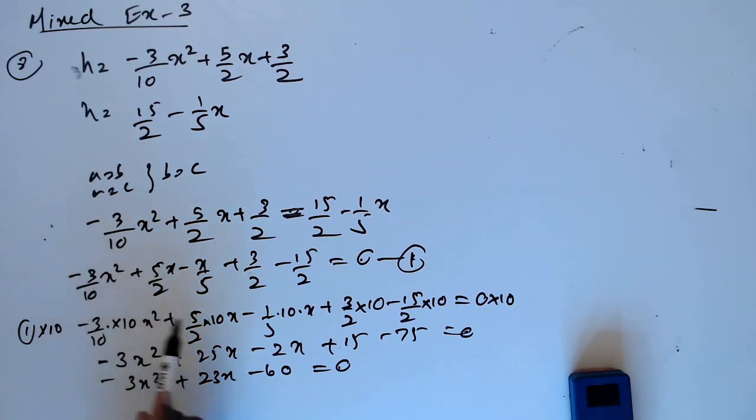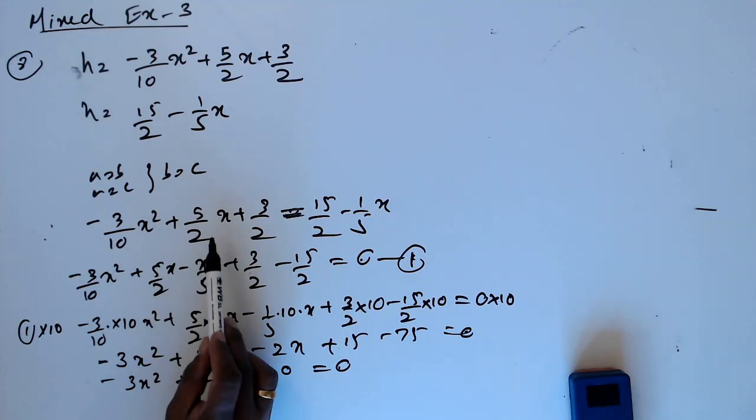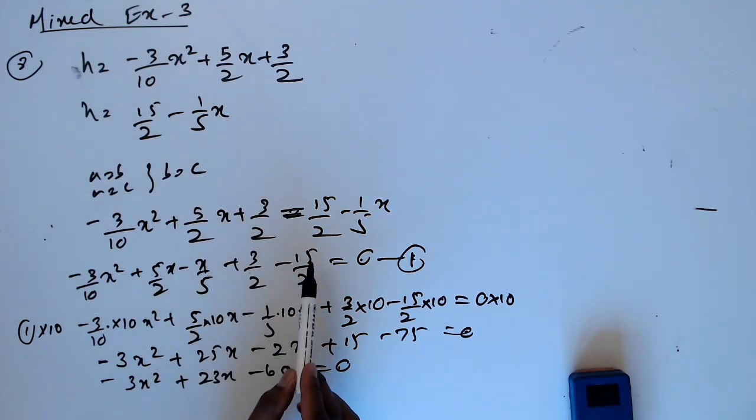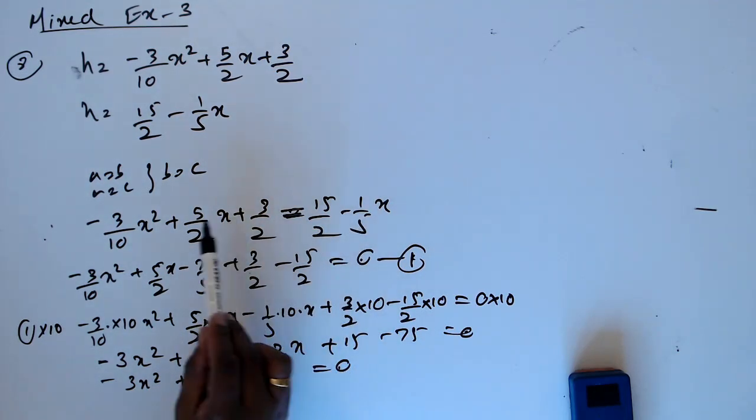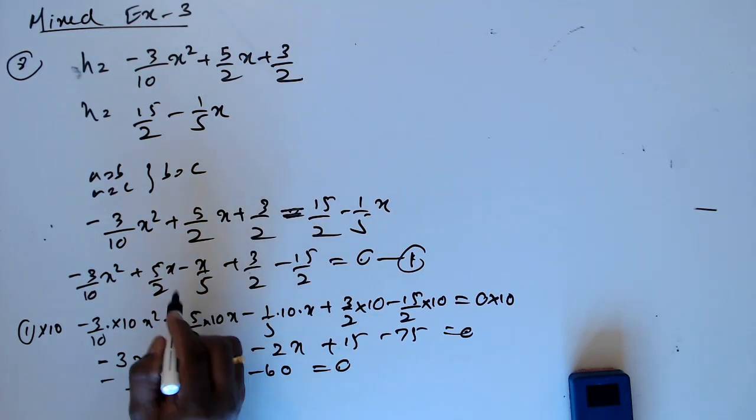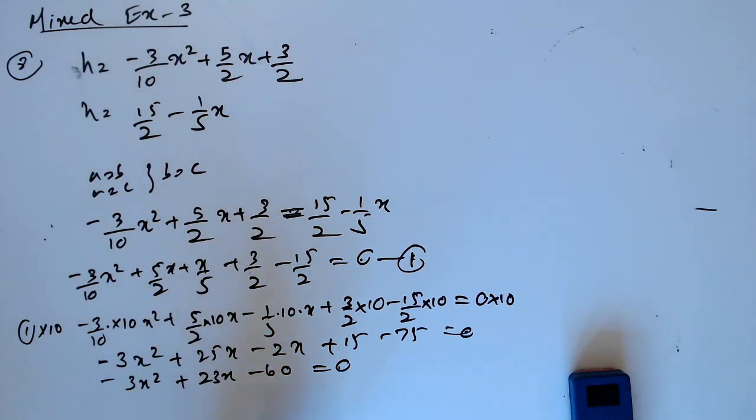Let me check that, because I can see 23 is not a possible value. I mean, there's a mistake somewhere. Minus 105, when it comes to this side, becomes positive, so this is going to be 27x.